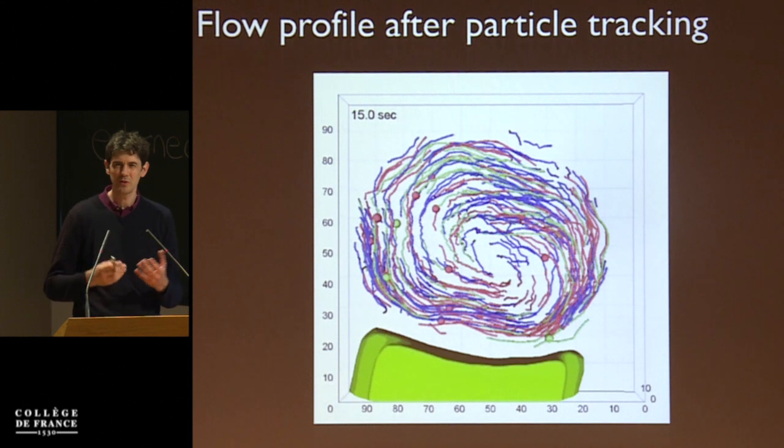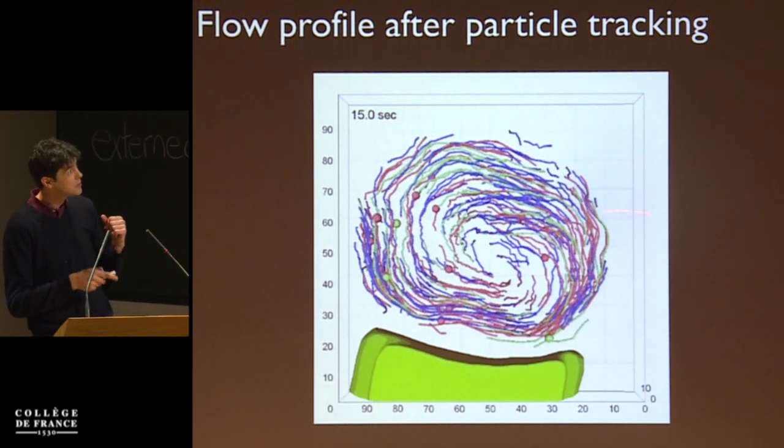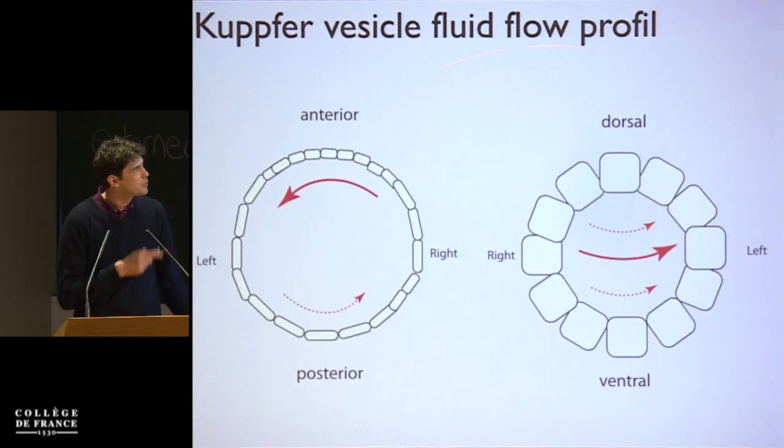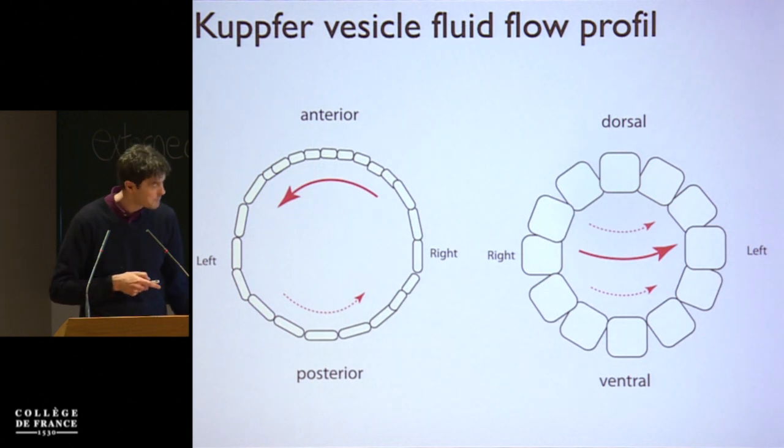Now, the global flow was interesting, but we had sufficient resolution to go a bit closer to what happens at the cell membrane, which is where the signaling would happen. So this is just a summary of how the flow is circulating from right to left. It's actually faster anterior and posterior, slower dorsally and ventrally, and strong in the middle of the vesicle.